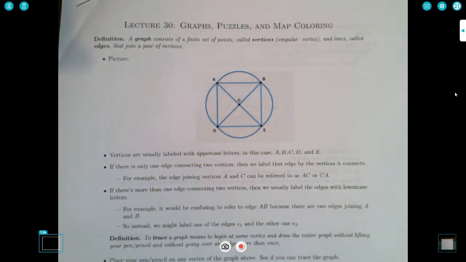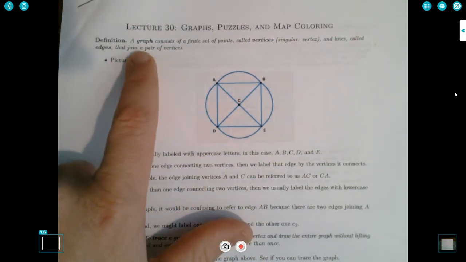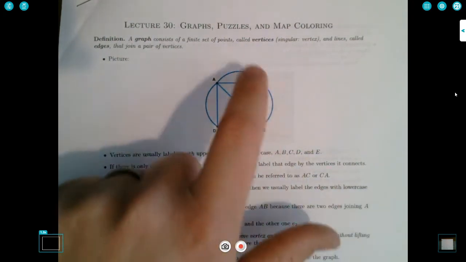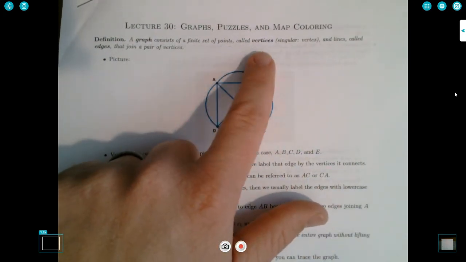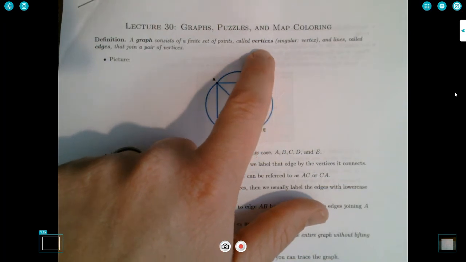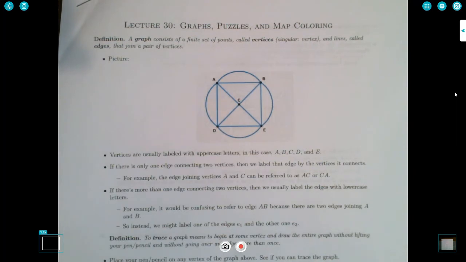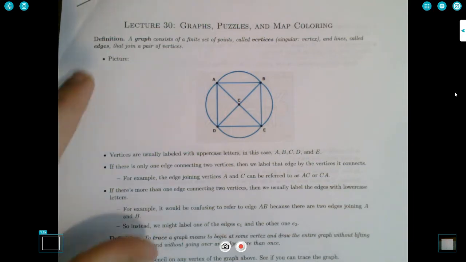So for the purposes of graph theory, a graph is just something that consists of a finite set of points called vertices. And by the way, that vertices is plural. The singular form of vertices is just vertex. Okay. Anyway, so a graph consists of a finite set of points called vertices, singular vertex, and lines that we call edges.